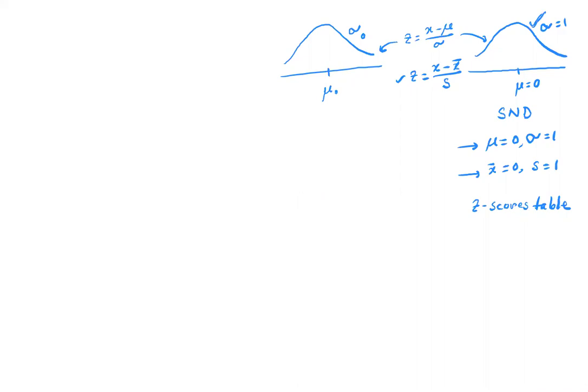Then based on what you're doing, you may have to go back to the original normal distribution that you're dealing with and find the required or desired values. And you need to be able to go back and forth. Once you understand the logistics of it, one or two problems is pretty much the same thing we're doing again and again. So that's what it is.